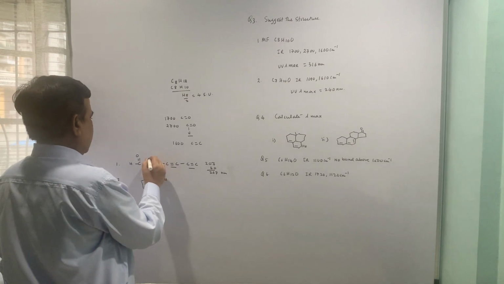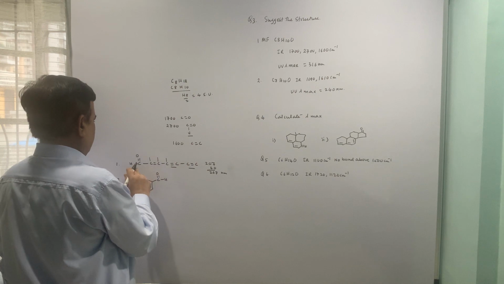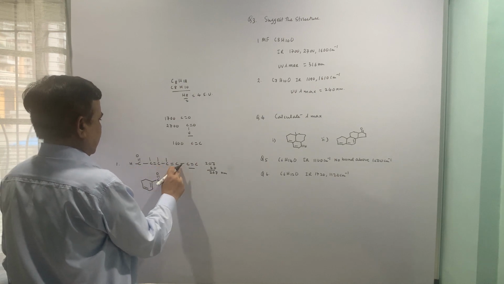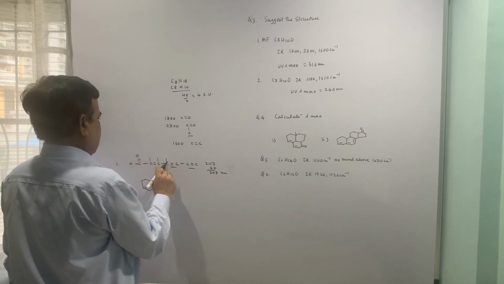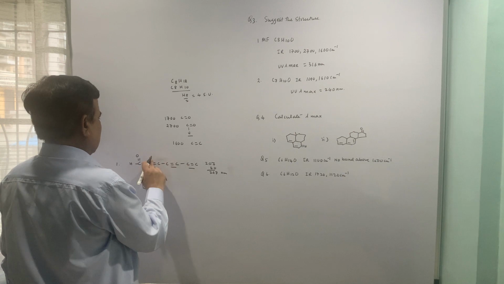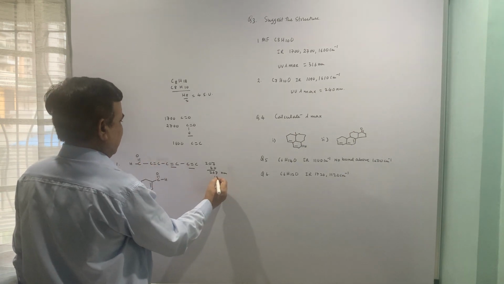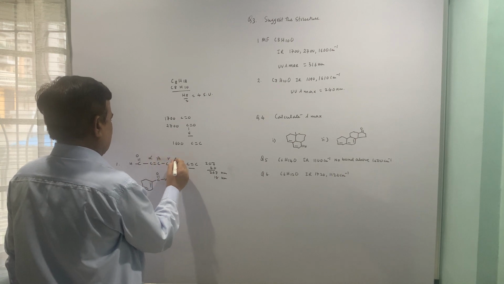Now substituents I can put alpha, beta, gamma. How many do we have? 1, 2, 3, 4, 5, 6, 7, right? 7 carbons we have already utilized. So we can have a maximum of 18 increment in it. So let us say I am putting alpha, beta, gamma, delta.